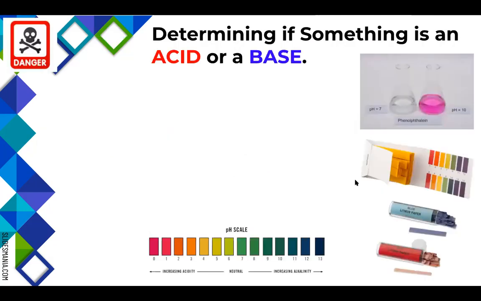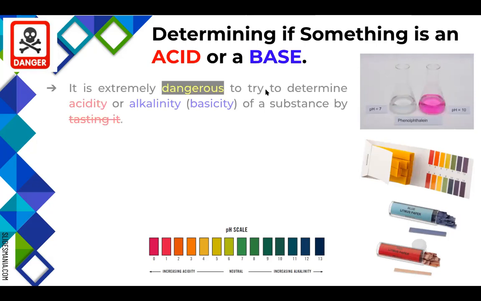Okay, so we have different indicators. An indicator is what is used to detect whether we have acids or bases. So as I mentioned, it is extremely dangerous to try to determine acidity or alkalinity of a substance by tasting it. So we are not tasting things in the lab. That is something that they did hundreds of years ago, but many scientists died because of this.